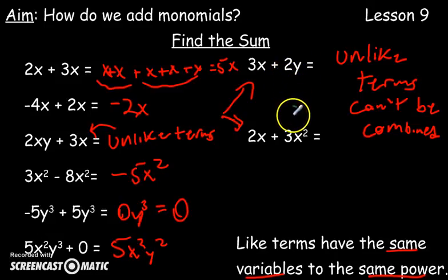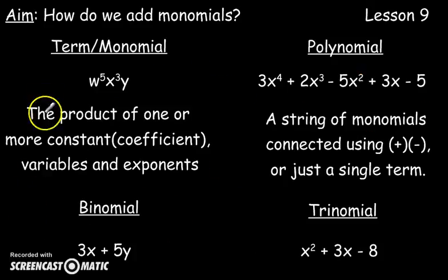Alright, so let's set down some definitions. A single term, or a monomial as it's called, is the product of one or more variables and exponents and a constant.